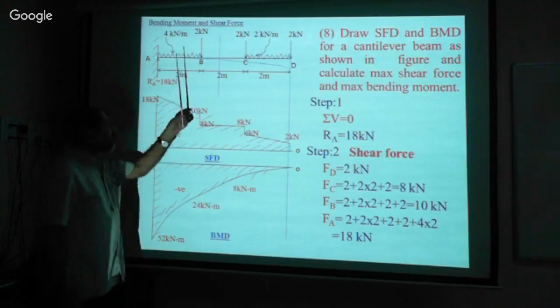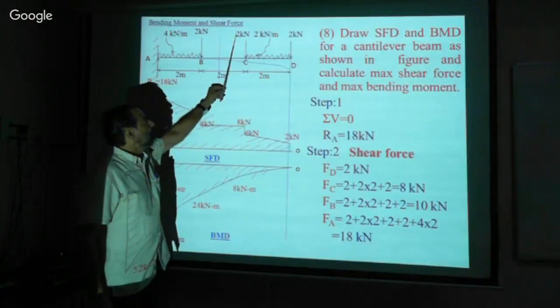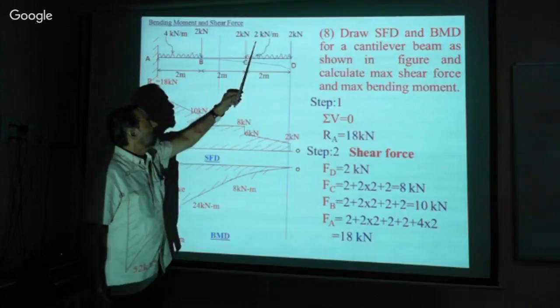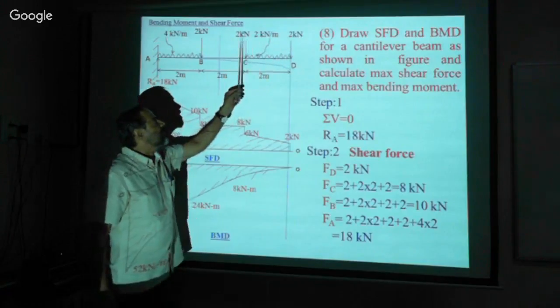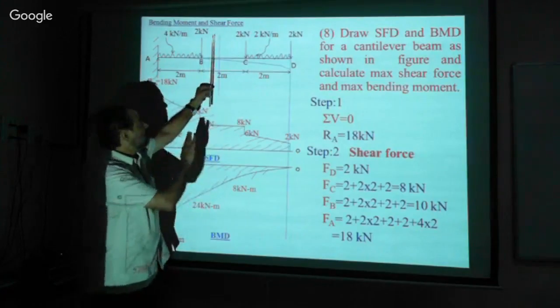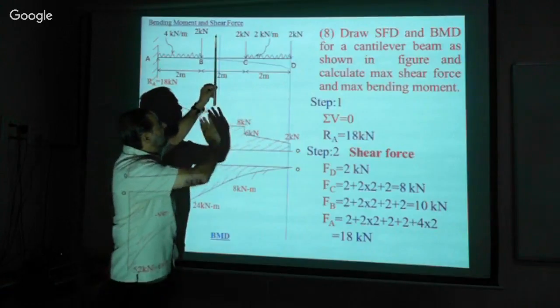Similarly, if you calculate the shear force at this section, that is 2 plus 2 multiplied by 2, that is 4 kilonewton. 2 plus 4 plus 2, that means 8 kilonewton is acting downward. Therefore, the shear force to the right of the section is 8 kilonewton.